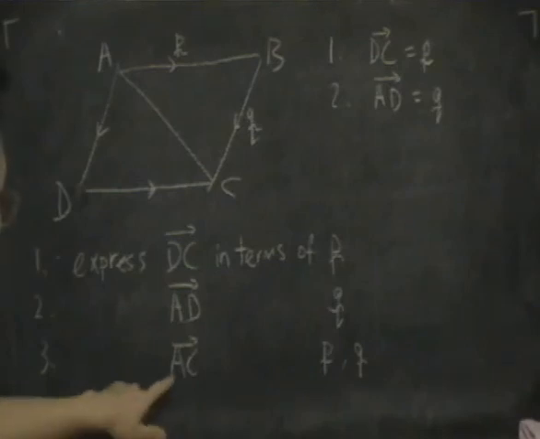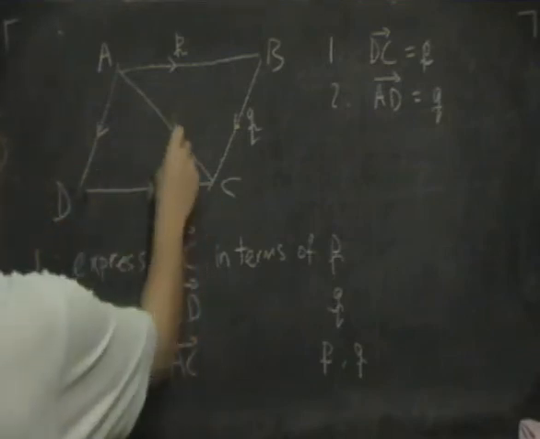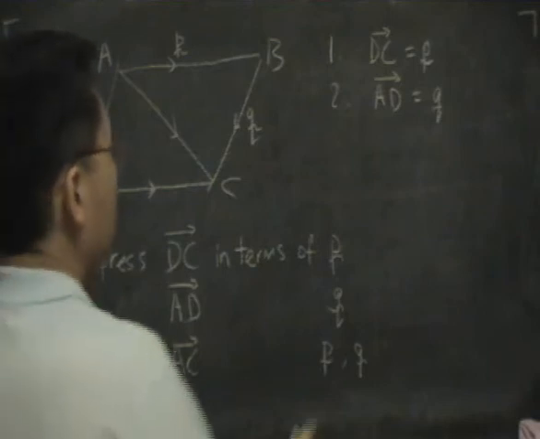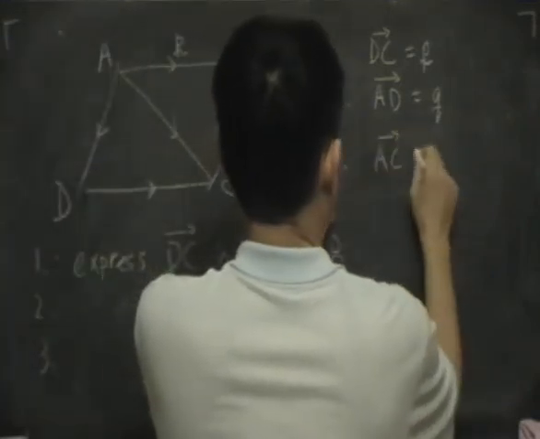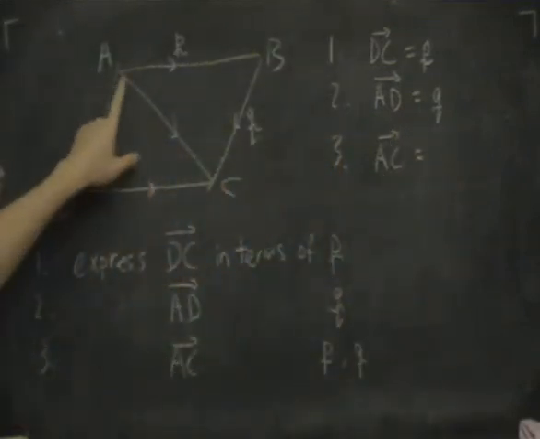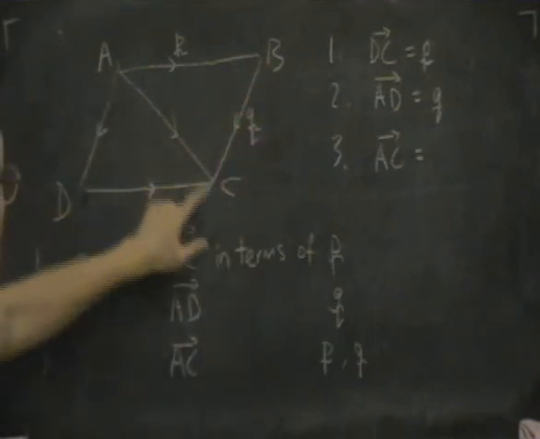Now how about AC? I need to express AC, which is this vector here, in terms of P and Q. P is there, Q is there, and AC is here.